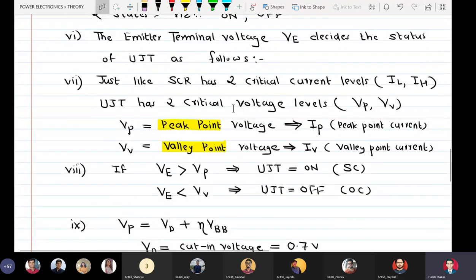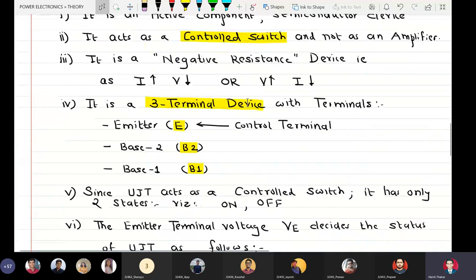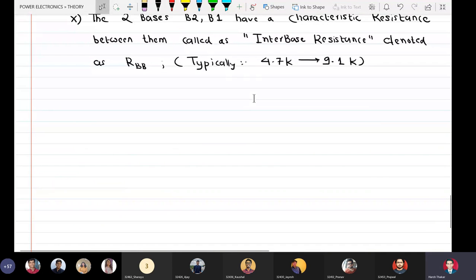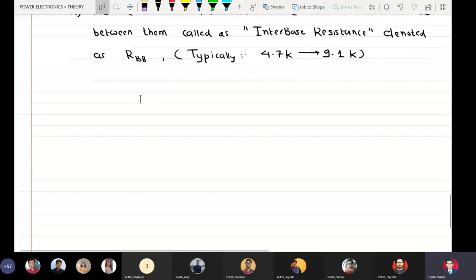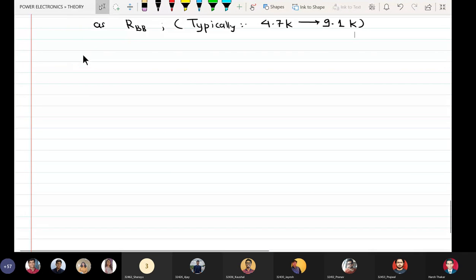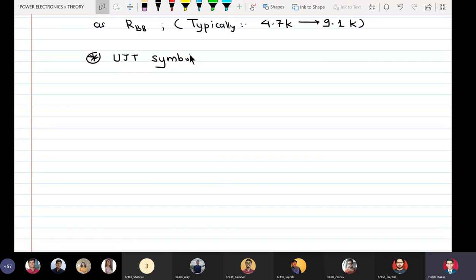Now, having spoken so much about the device, the time has come to actually draw the symbol and also the circuit which is going to help us generate the firing pulses to fire the SCR. So the symbol for UJT looks like this. This is the first base, base 2, B2.